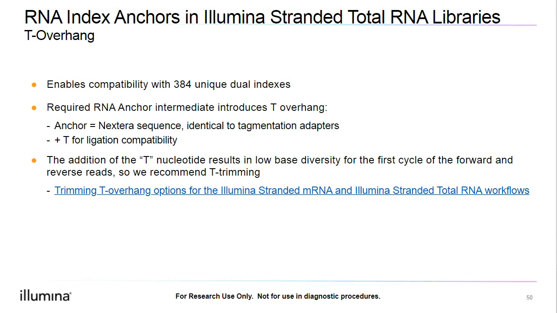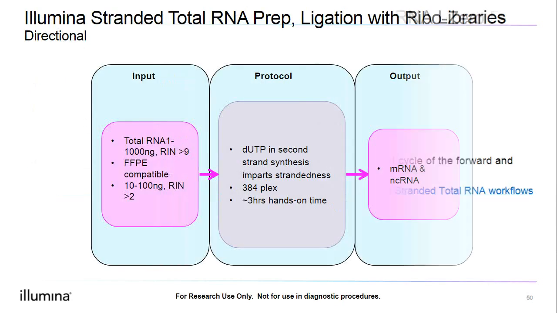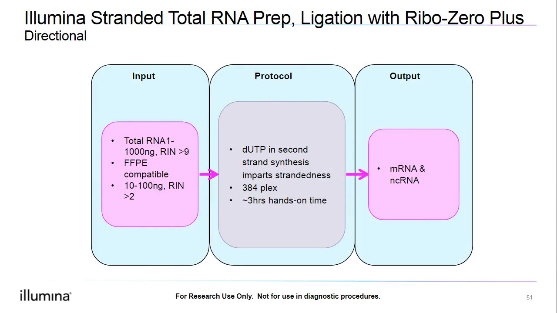This T overhang can be trimmed using options described in this link. This kit can support as little as 1 nanogram when using high-quality material, or as little as 10 nanograms when using low-quality material. It provides strand information and can support up to 384 plexity and has around a 3-hour hands-on time.